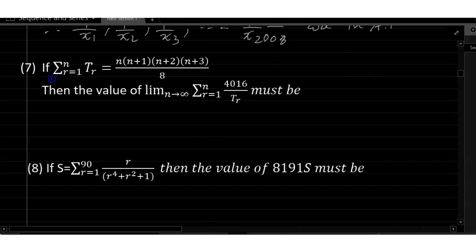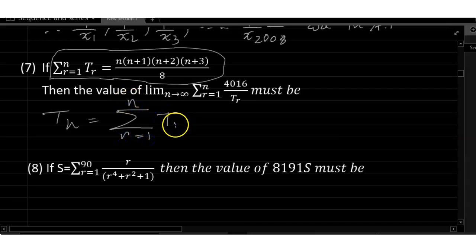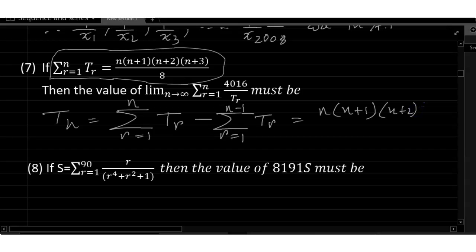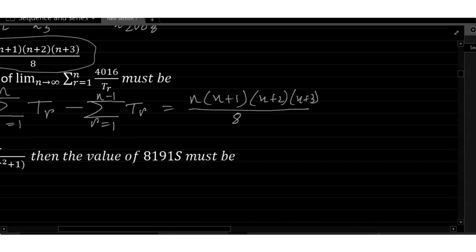Number three. Next problem is the summation r equals 1 to n of Tr, and after that we have to find Tn. It can be written as the summation r equals 1 to n of Tr minus the summation r equals 1 to n minus 1 of Tr. In this way we get n plus 1 into n plus 2 into n plus 3 divided by 8. So friends, I just put in here all the values.